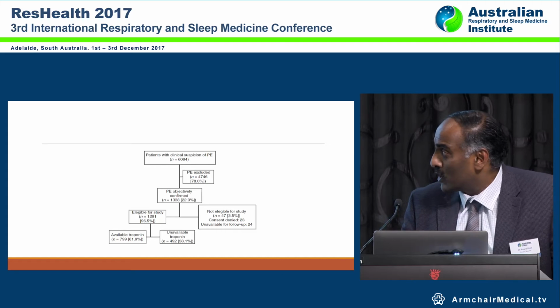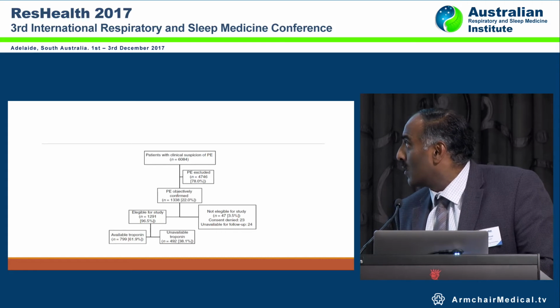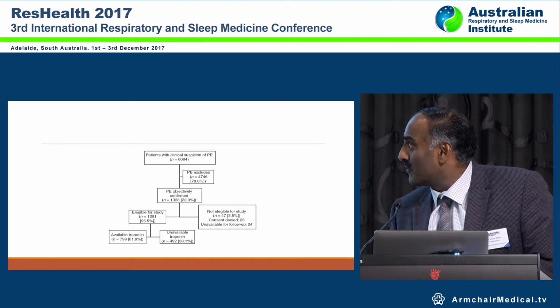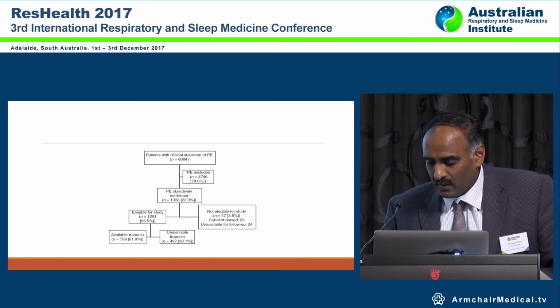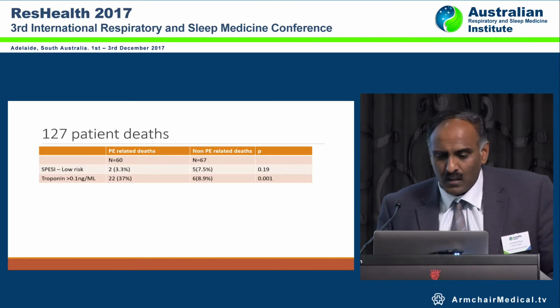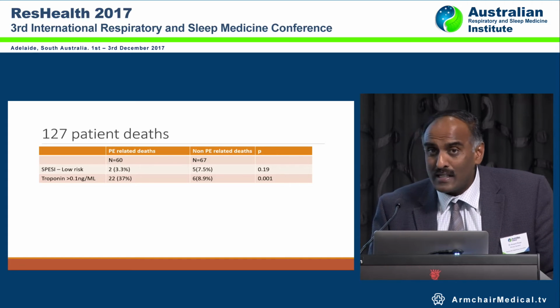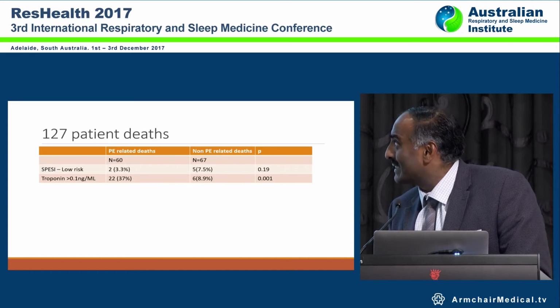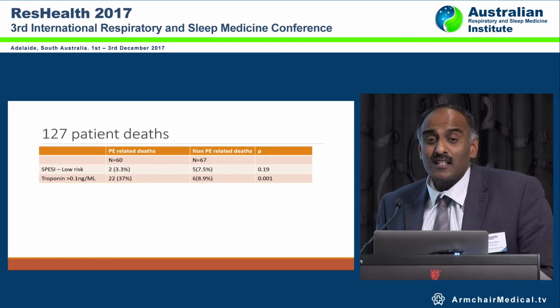So 6,000 patients, and the bottom line is 1,291 patients were eligible for the study, and they had troponin data on 799. Now, 127 deaths were noted. PE-related deaths were 60, and non-PE-related deaths were 67.